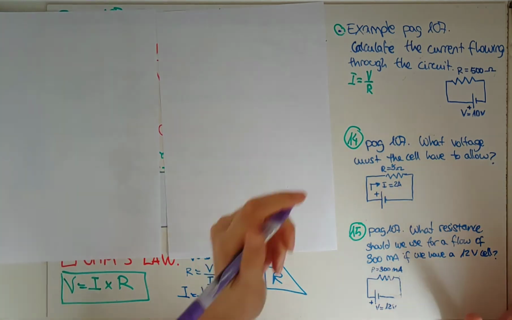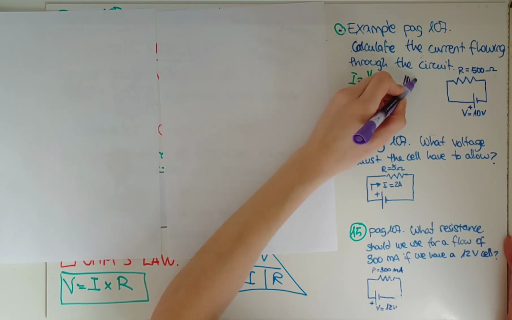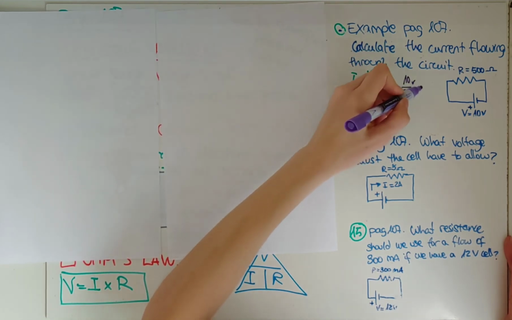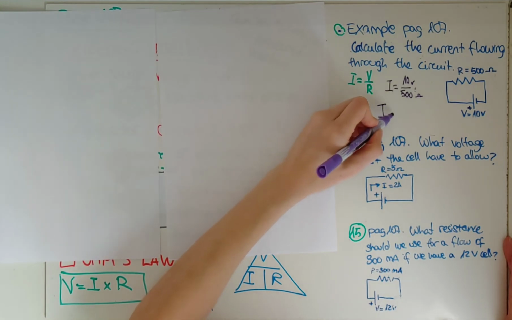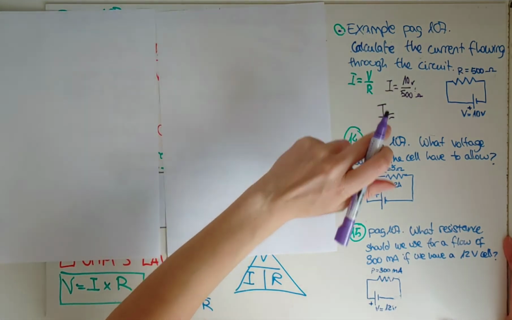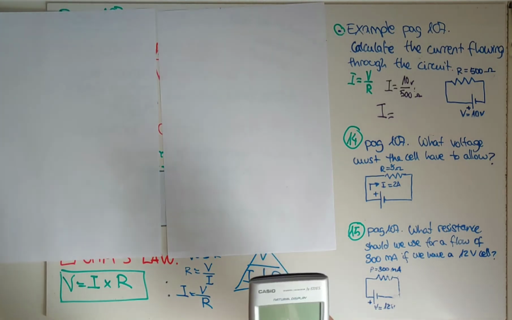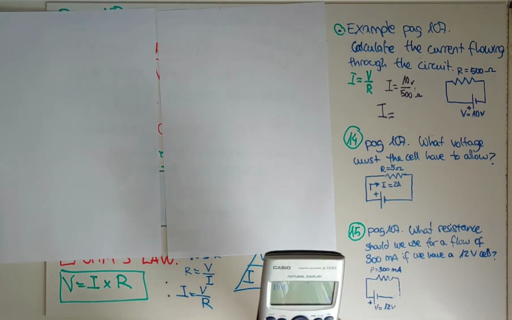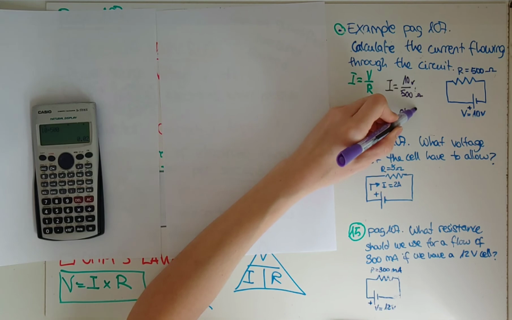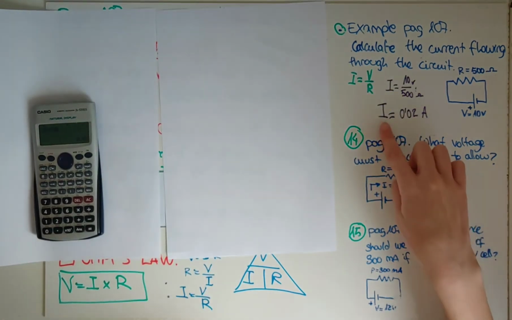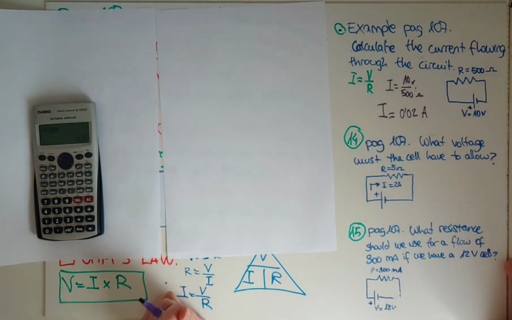I calculate this. And the solution with the parameter and the units. Amps, okay? 0.02 amps.